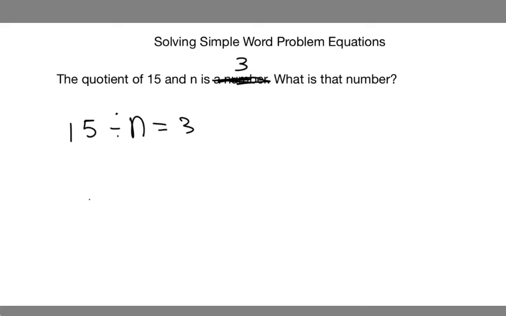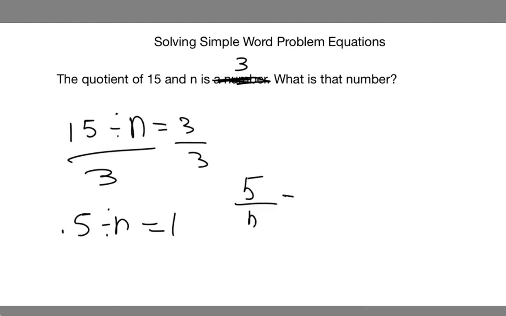Another way we could solve this is by dividing both sides by 3, by the division property of equality. Then we get 5 divided by n equals 1. After this, we multiply both sides by n, because 5 divided by n is the same thing as 5 over n equals 1.